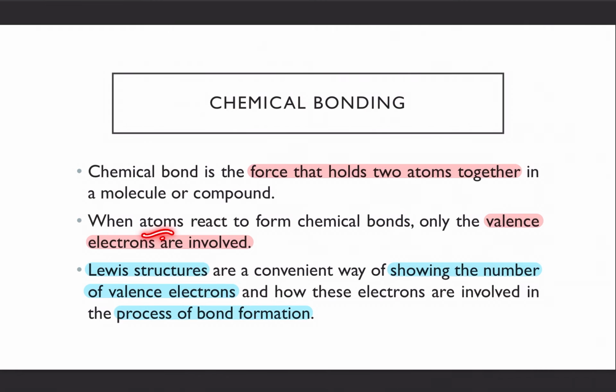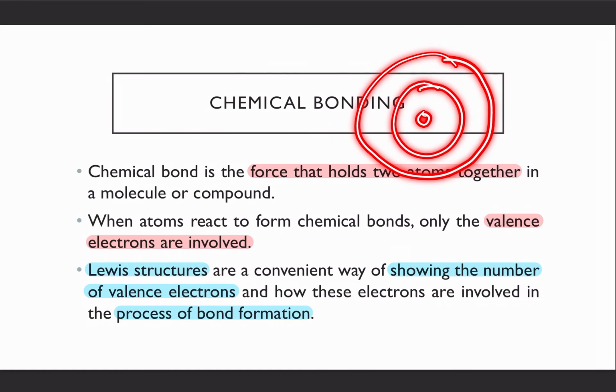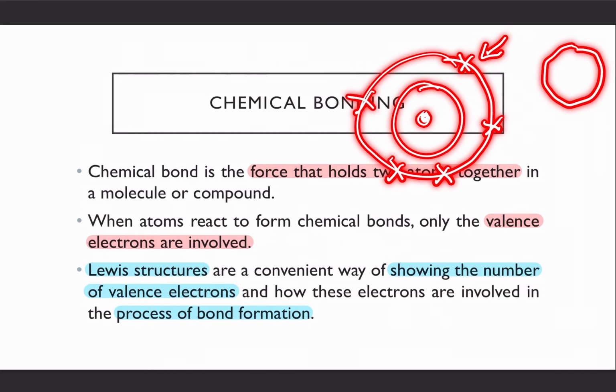So when atoms react with each other, let's say A plus B, they will form a chemical bond, depending on what kind of chemical bond. When reacting together, only the valence electrons are involved. So electrons in the outermost shell, meaning the ones at the very outside, are the ones that will react with the other compound's valence electrons.